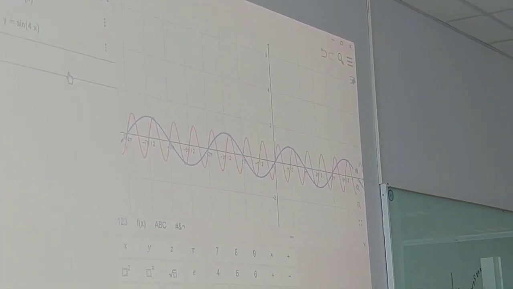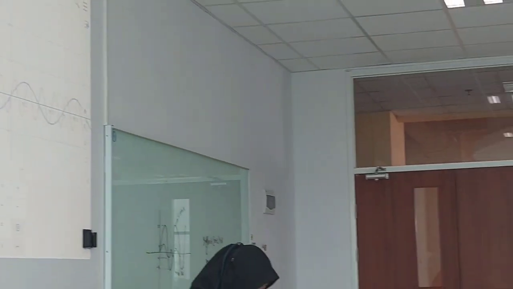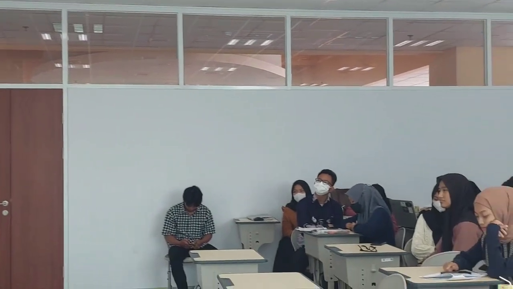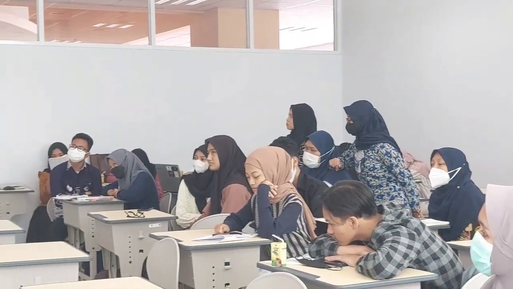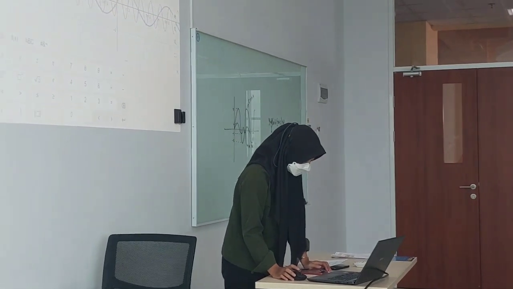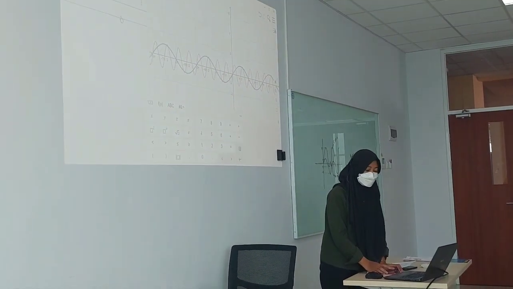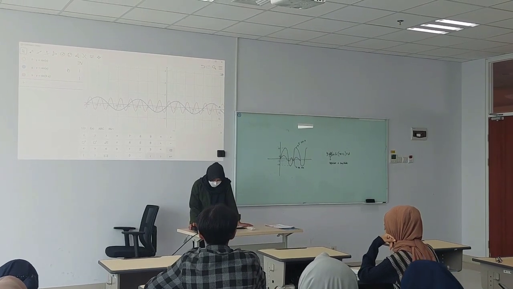Then we first remember the notion of period. Period is the distance at which the graph of a trigonometric function repeats itself, from the initial reference point to the first iteration point. And then, what is the difference?